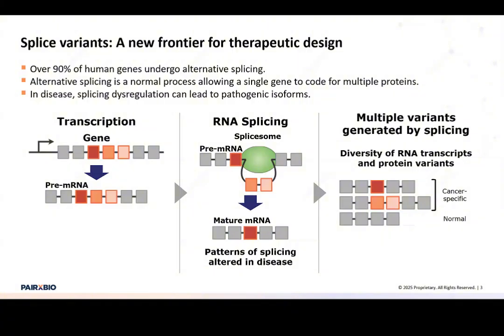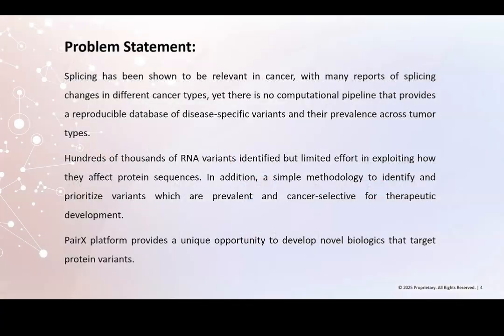So what we do at PEGS is that we find splicing is deregulated in cancer, which is a known thing in the literature, and there have been many reports of splicing changes in different cancer types.